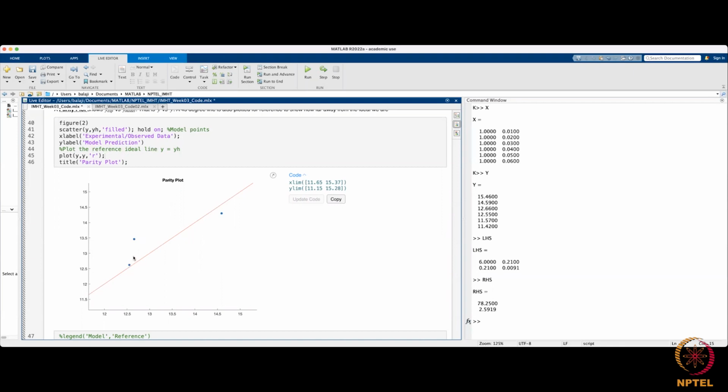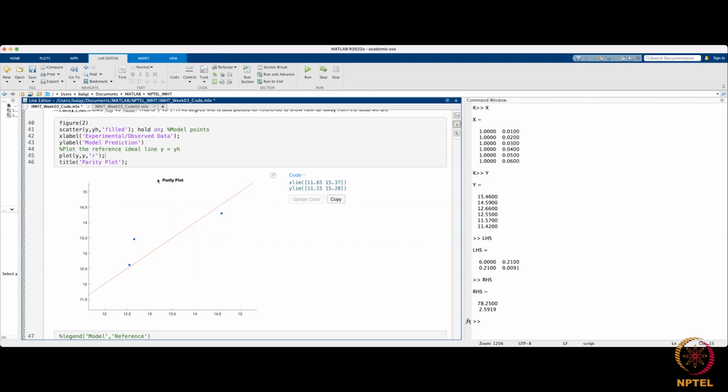For example, this second blue point that you can see on your screen seems far away from the ideal line. So you might conceivably say it's an outlier. What should be thought of as an outlier and what not is something we will discuss when we come to the probability portions of this course. But as of now, it looks far away, so this is at least a point worth investigating further.